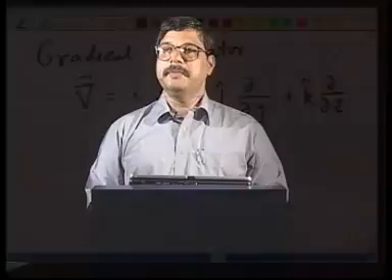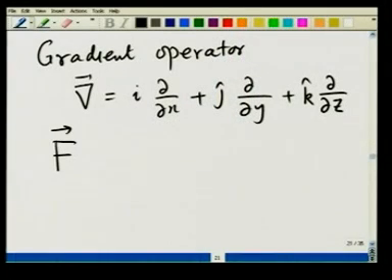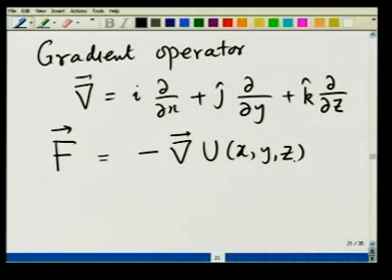Since I am talking about the three-dimensional case, this gives me a vector quantity, and the force of which the potential is given as minus the gradient of the potential energy u(x, y, z).